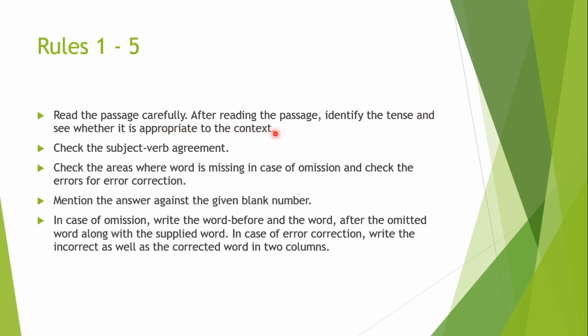Means आप जब sentence पढ़ोगे, पूरा passage पढ़ोगे, तो उसमें जो tense यूज किया है अगर वो सही नहीं है, मीन्स अगर वो उसमें कहीं प्रेजेंट यूज है, पास्ट है, तो आपको उसको देखना पड़ेगा, चेक करना पड़ेगा. Okay, so read the passage carefully and after reading the passage identify the tense and see whether it is appropriate to the context.